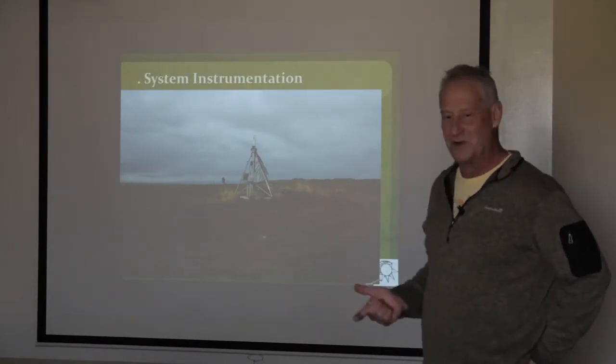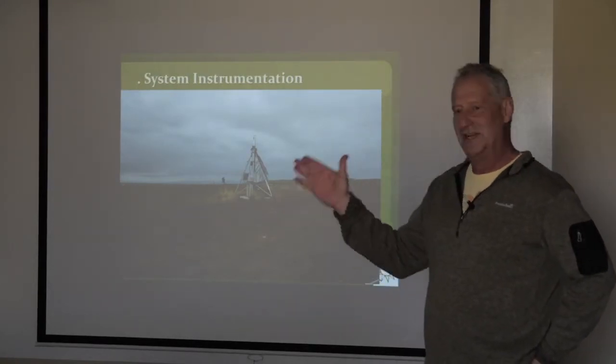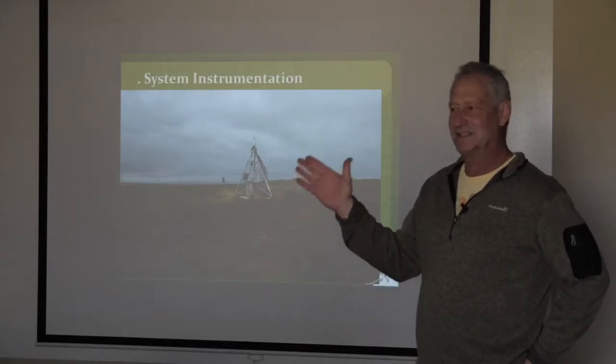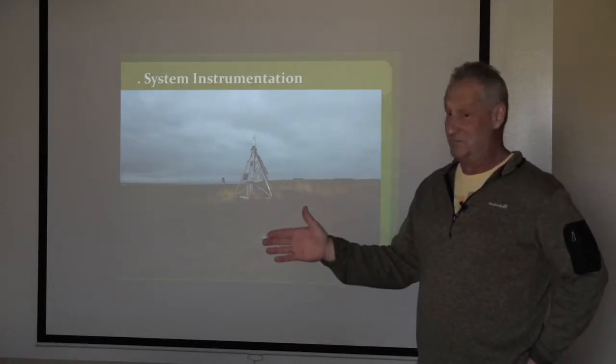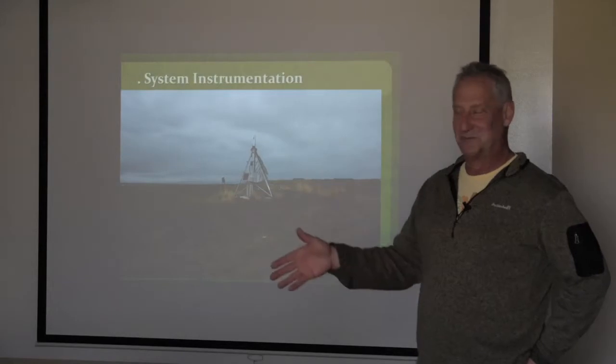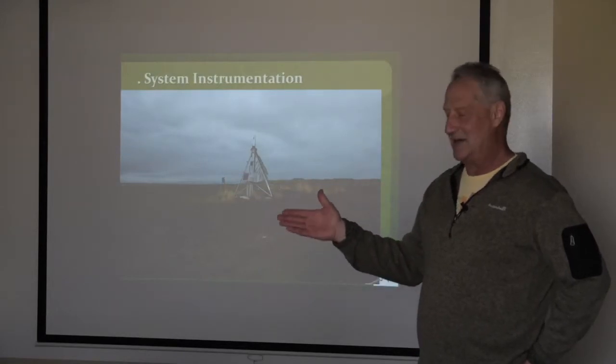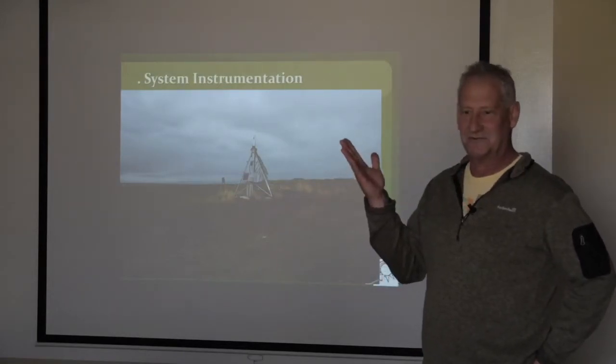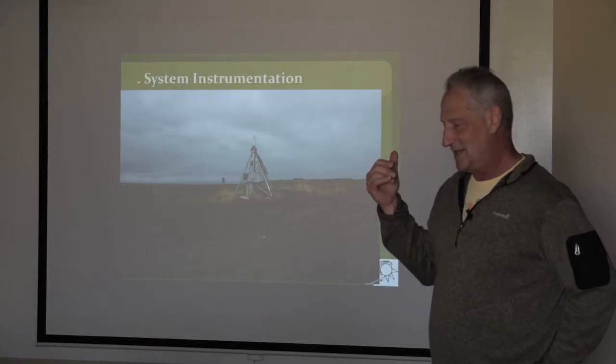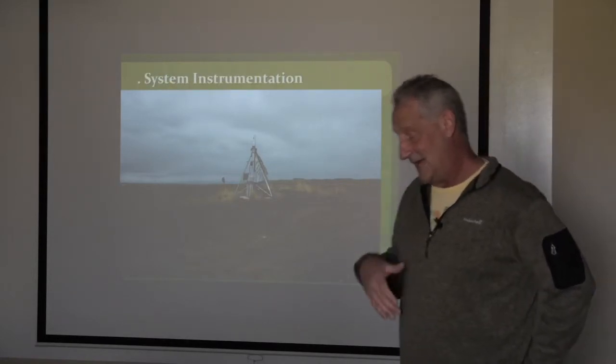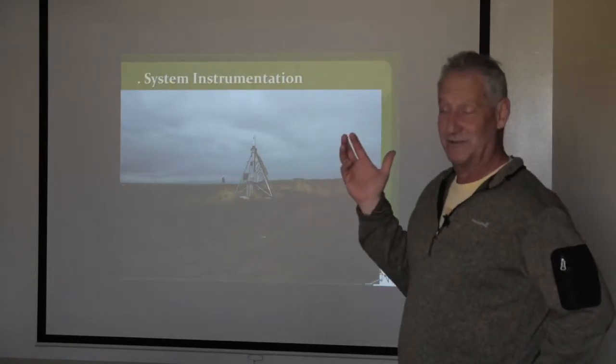You can measure where the pivot is, angle, how fast the pivot's moving. You can measure the flow rate. You can measure pressures and have it sent to your cell phone or your laptop, and you can shut the pivot off if you want.